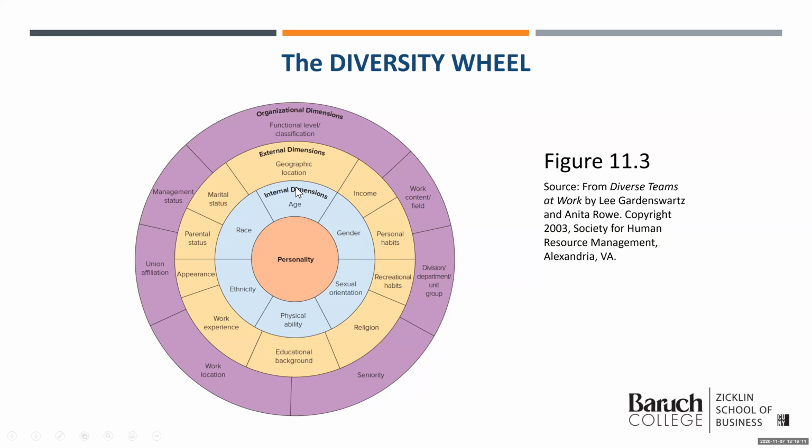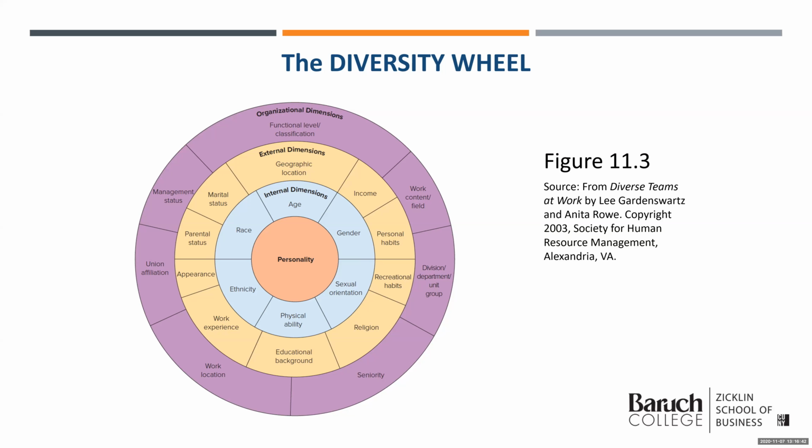As you get to the external dimensions, these are characteristics that people acquire. They can discard them. They can modify them. So throughout your life, these are areas in which things will change, right? Obviously you can always move, so your geographic location might change. Your marital status might change. Your appearance is going to change.